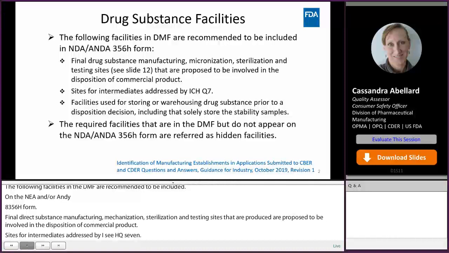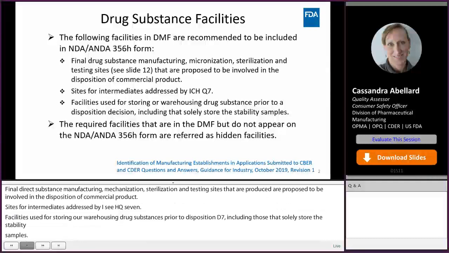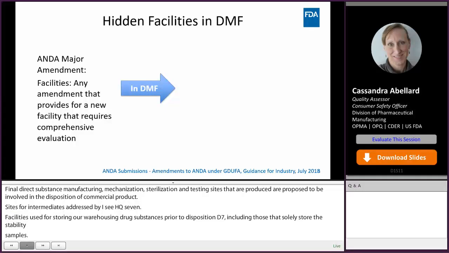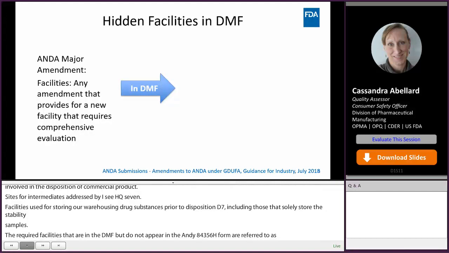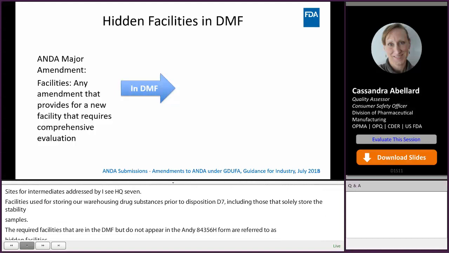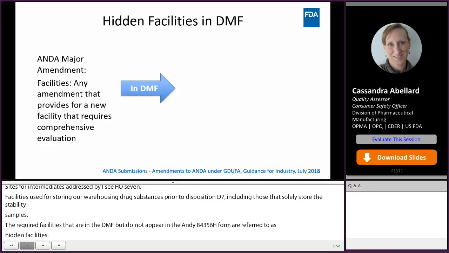The required facilities that are in the DMF but do not appear on the NDA and 356H form are referred to as hidden facilities. For an ANDA amendment involving facilities, any amendment that includes a new facility that requires comprehensive evaluation is considered major.